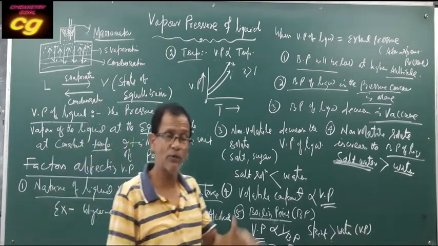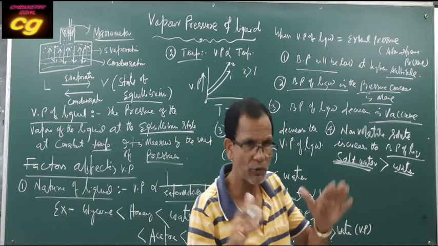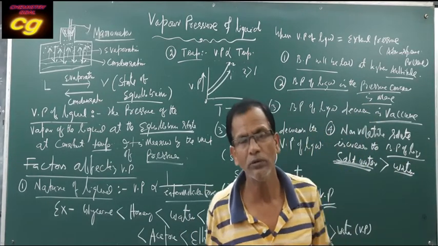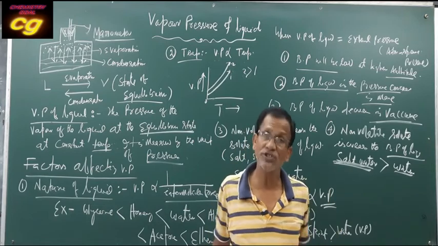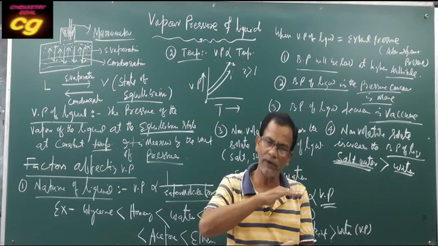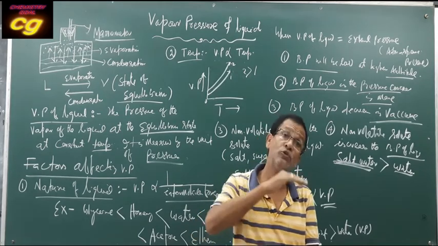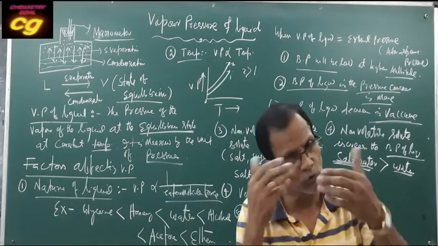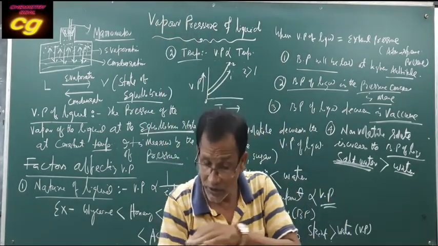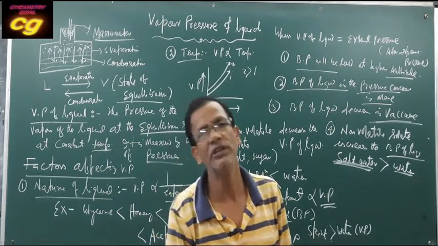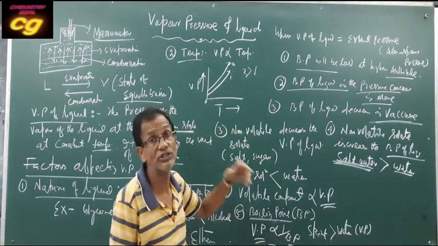If the water or liquid is kept in an open vessel, the temperature of the liquid goes down because the average energy of the liquid decreases as liquid molecules convert to vapors. So the average kinetic energy of the liquid decreases. That's why temperature decreases, and that's why evaporation causes cooling.